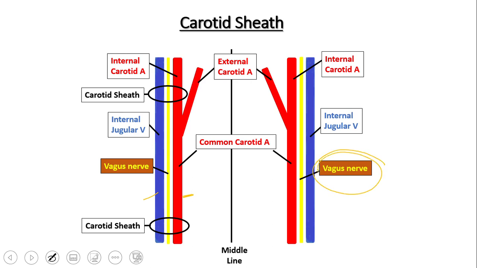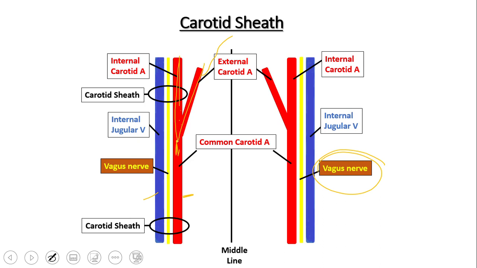As you can see here, as you go up, the common carotid artery gives two branches, external carotid that gives us the facial as one of its branches, and internal carotid that enters the skull, supplying the brain with oxygenated blood. So what are the contents of the carotid sheath? It depends on the level.